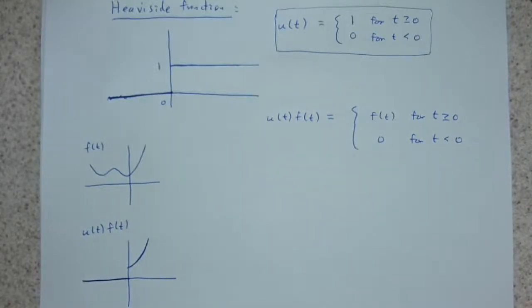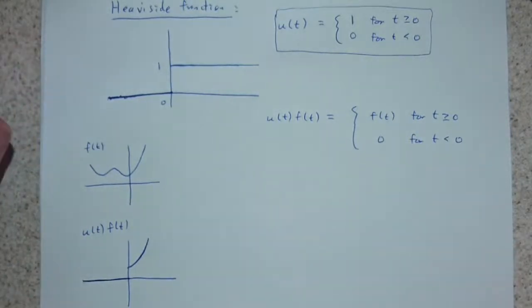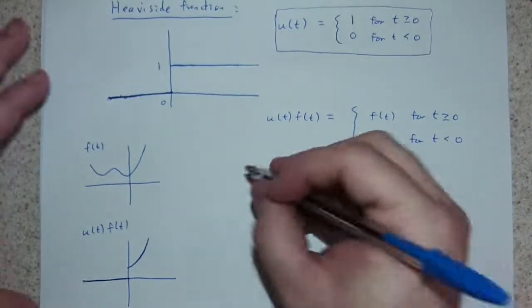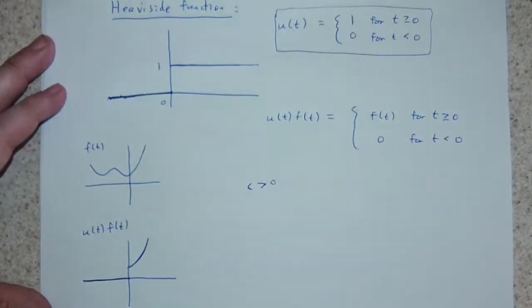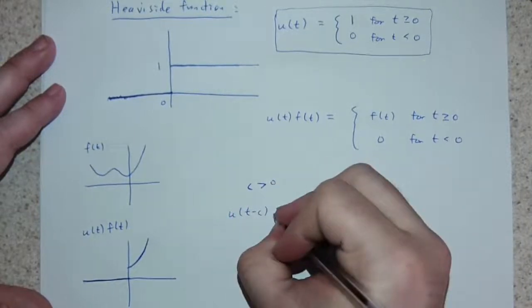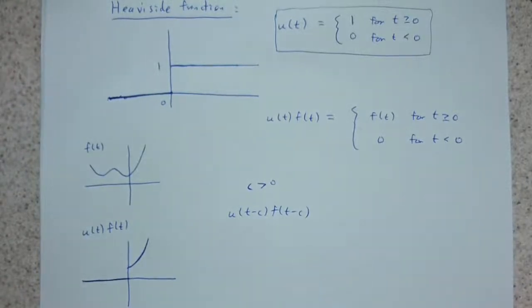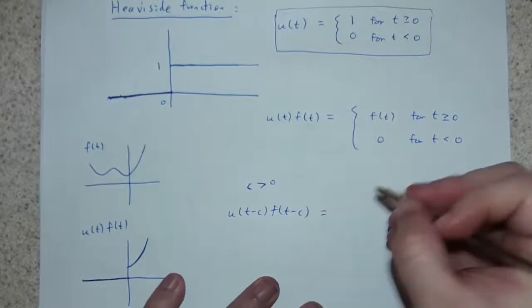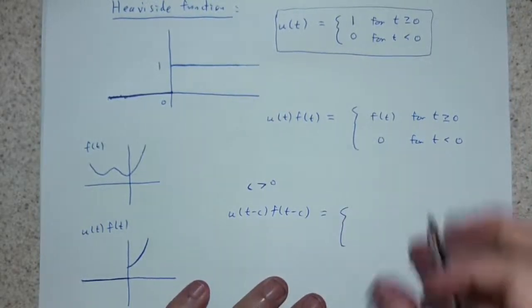Okay. Now, let's look at something else. Let c be some positive number. And let's look at u of t minus c times f of t minus c. What is this? This is a shifted multiplication of Heaviside function times function.